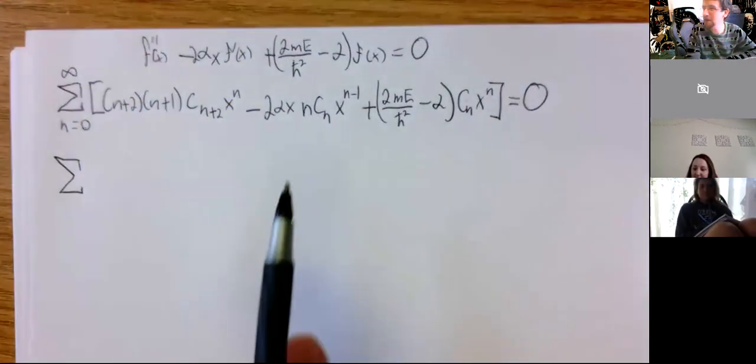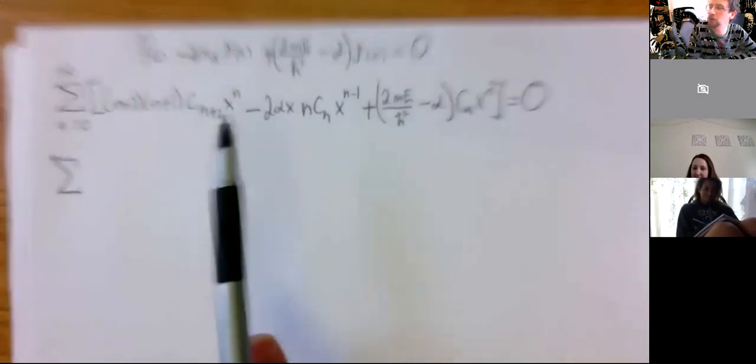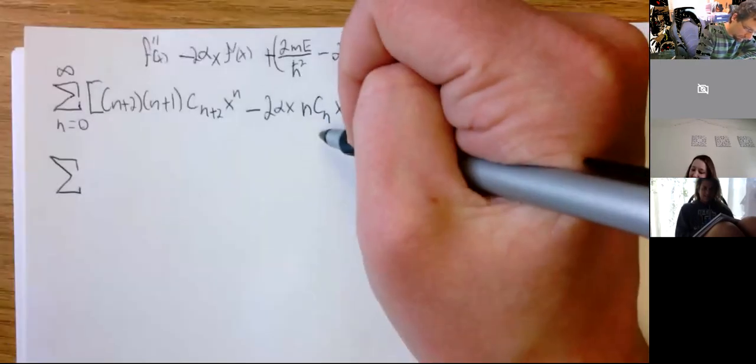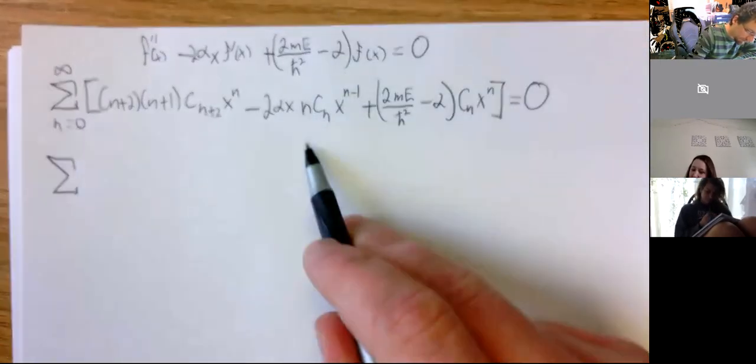Okay. So we can find ways to simplify this expression along here. What can we pull out from all of this? Do you see anything? Pull out an x^n.